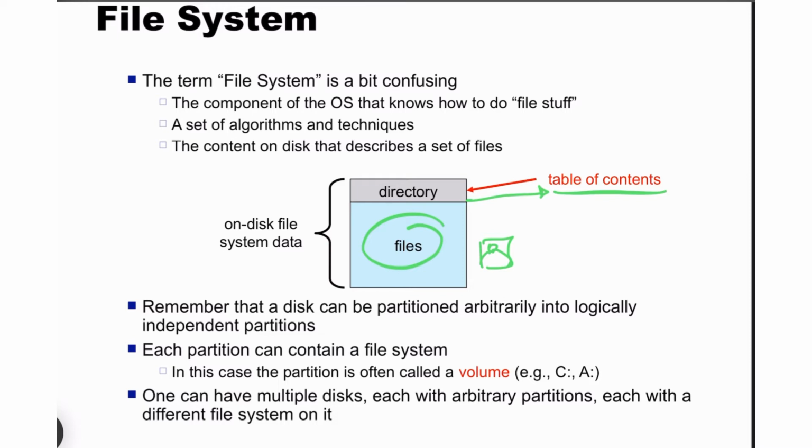Remember that a disk can be partitioned arbitrarily into logically independent partitions. Each partition can contain a file system. In this case, the partition is often called the volume. One can have multiple disks, each with arbitrary partitions, each with a different file system on it.